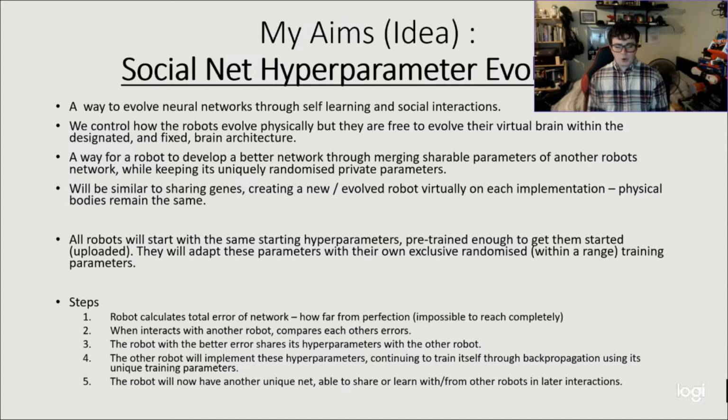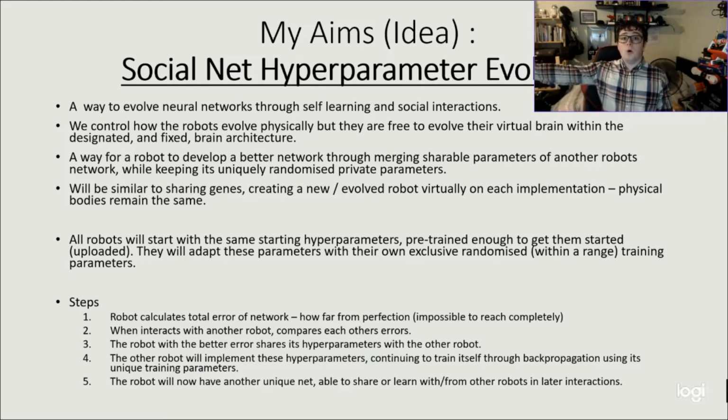So when a robot does meet another robot, the idea is that first they'll come up to each other and discuss: my error is this, my average error is that, and the one with the better network will share those hyperparameters to the one with the less efficient, less accurate neural network, implementing itself with its own unique learning rate and its own unique training set.